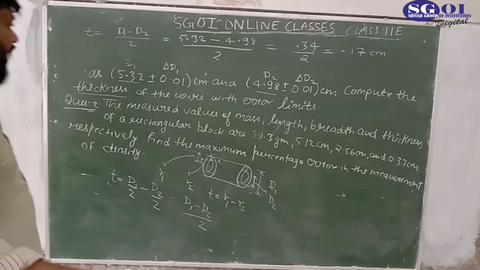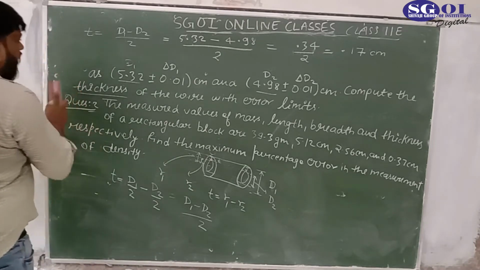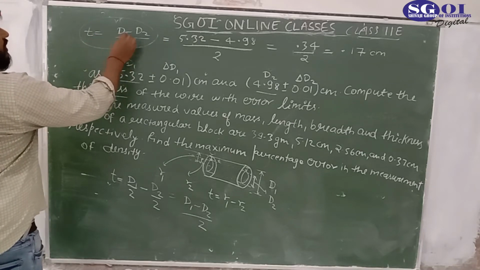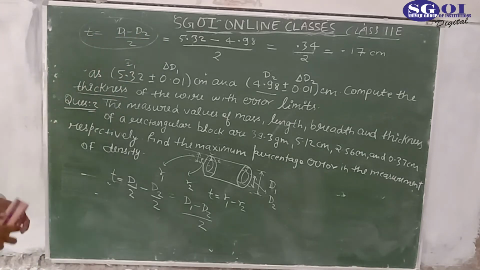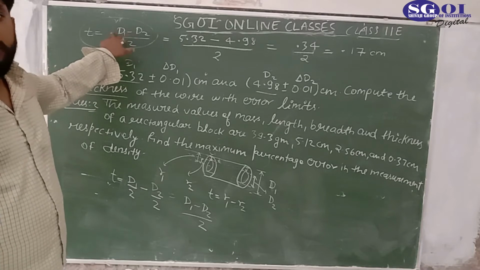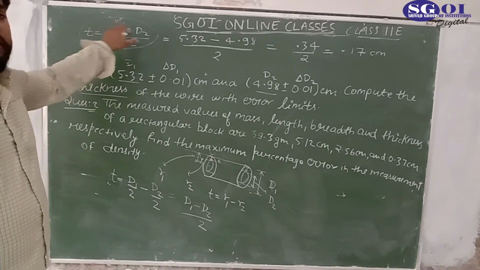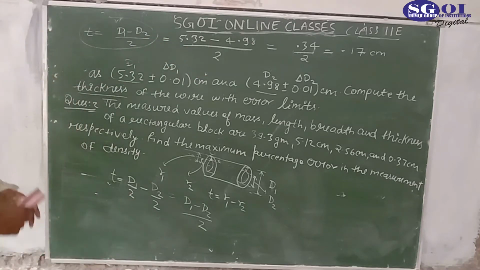Now we will find the error. We know this relation is in terms of quantities whose measured values are being subtracted, so the error is the mean absolute error.